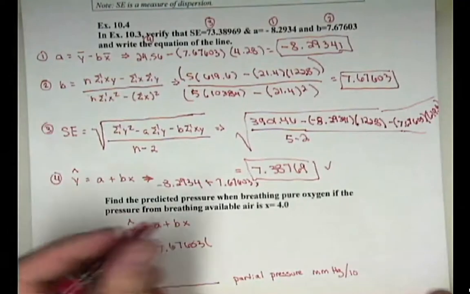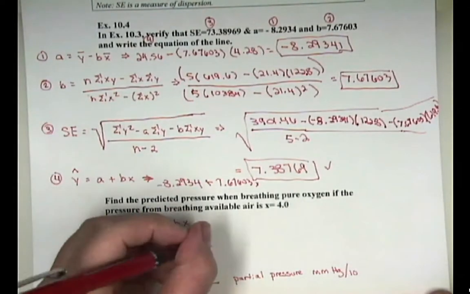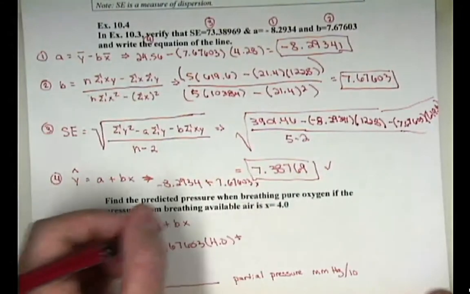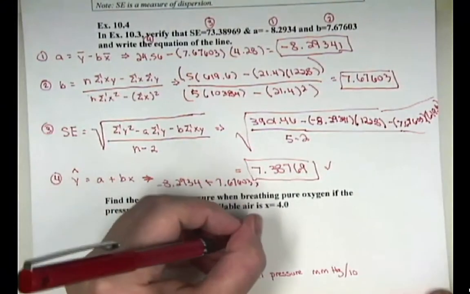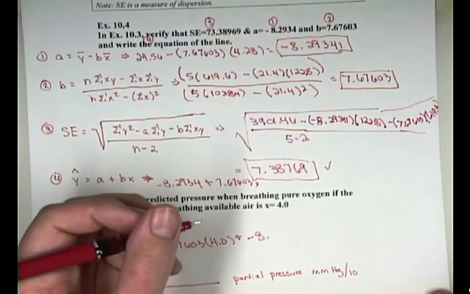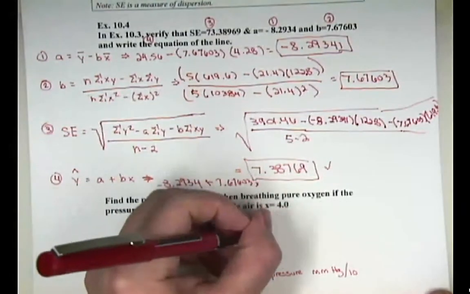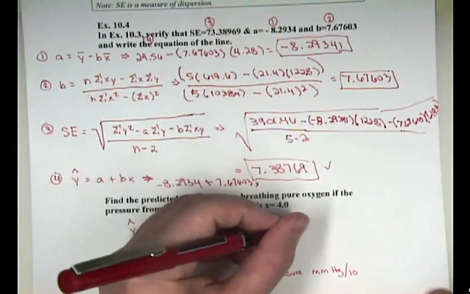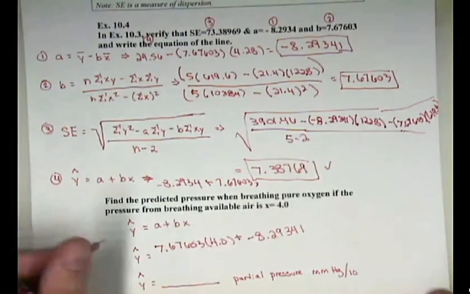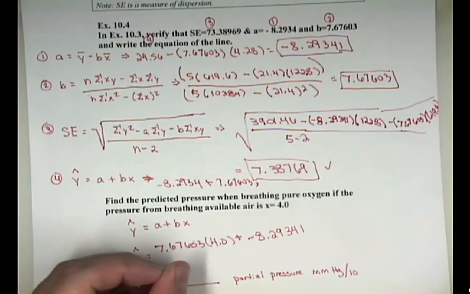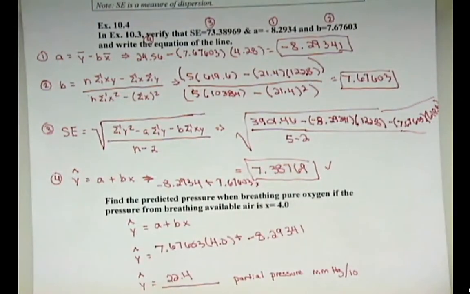We open up a parenthesis and we insert the x they're giving us, 4.0, plus the bx, but the b is negative 8. I wrote mine backwards, plus the a, sorry, which would be 29341. And when you work that out, you should be getting 22.4107.